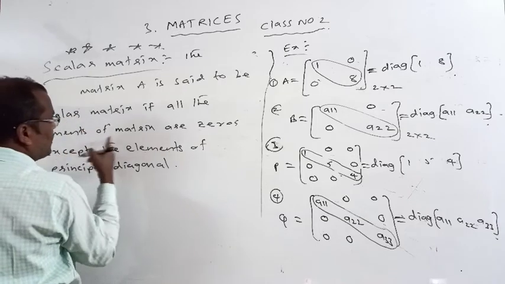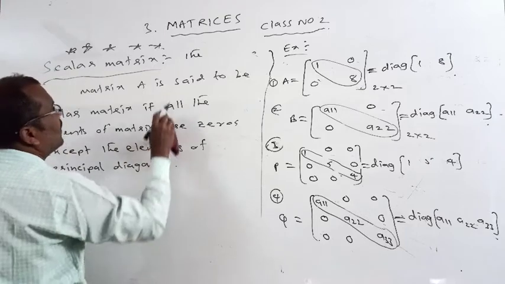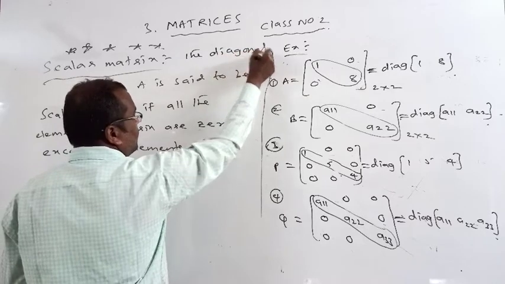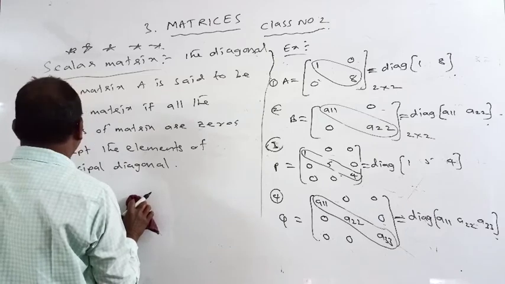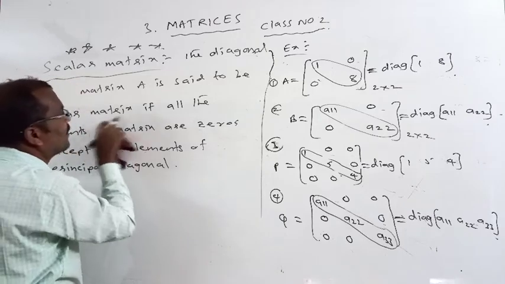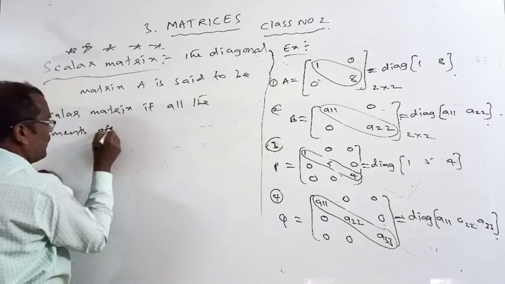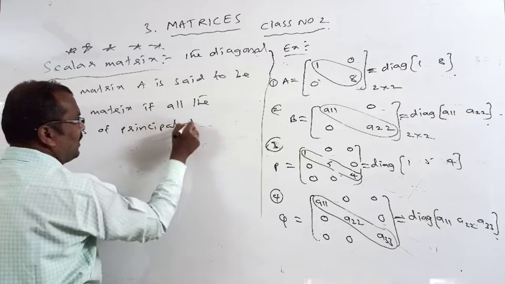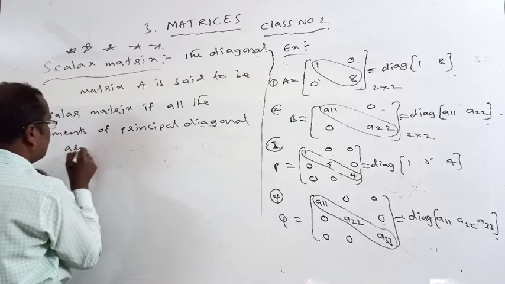If all the elements of a matrix are zeros, better to write diagonal matrix. The diagonal matrix can be said to be a scalar matrix if all the elements of the principal diagonal are equal.